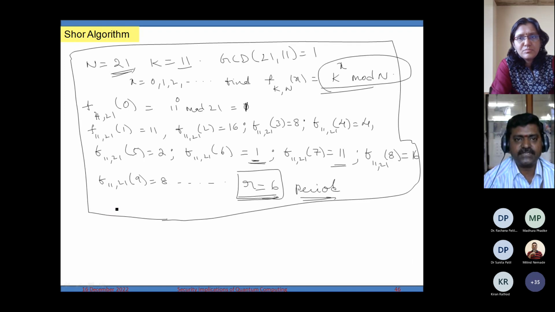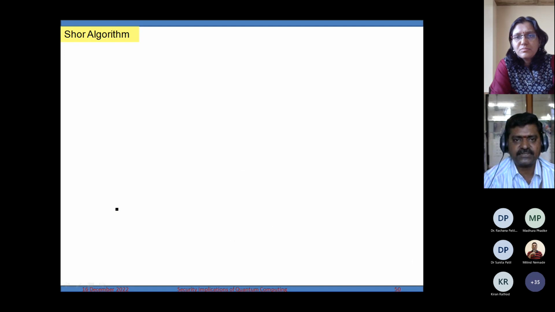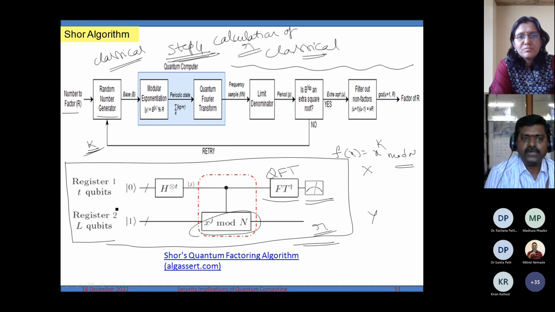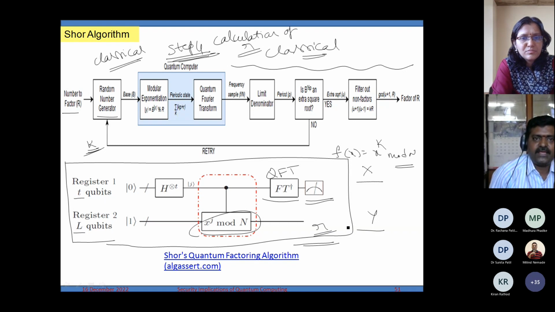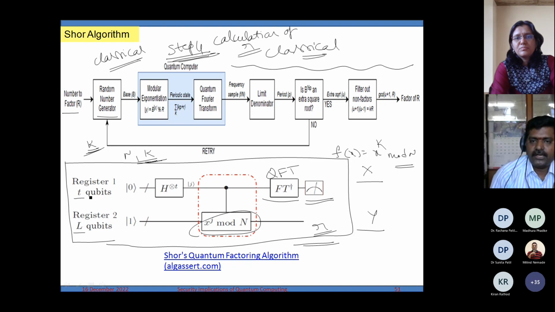The second answer about that circuit is, this is a very generic circuit what I have given. The number of qubits to be used for register X and register Y are dependent on your N and K. Whatever is your N, whatever is your K, based on that you need these X and Y registers having these qubits.